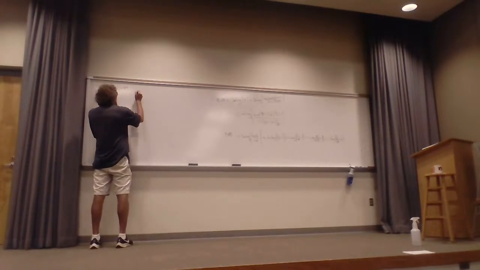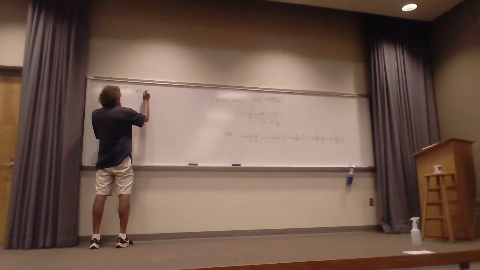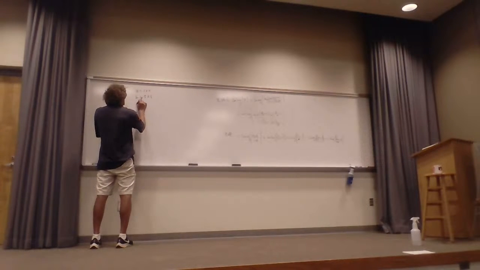So I'm going to say A is equal to 100. B is equal to 525. C, actually, let me do it this way. C is equal to 525.